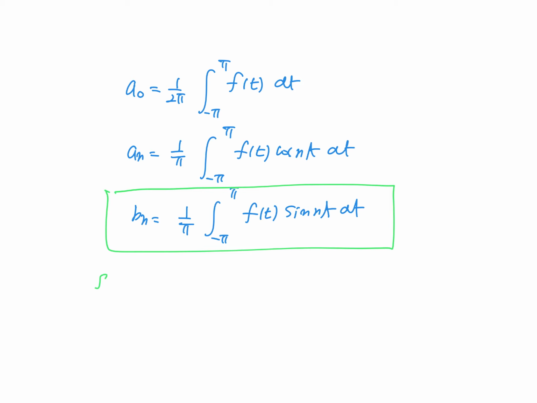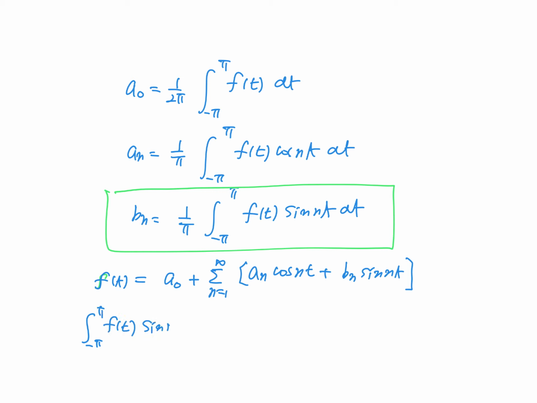So, let's check f(t). We have a0 plus a_n cosine nt plus b_n sine nt, right? So integral from minus pi to pi of f(t) sine mt dt. Let's check this.